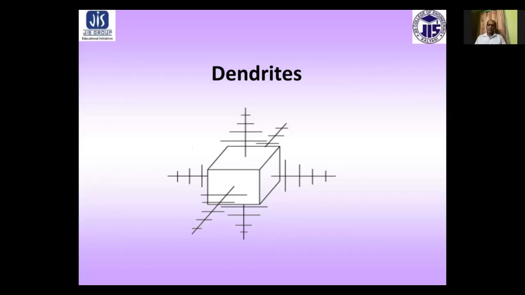So whenever material is first extracted from its ore, not only iron, first of all it will be in liquid state, and when it solidifies, that is called the casting process, and it is molded by making a suitable mold. Generally, by these mechanisms of dendritic growth, the material solidifies.